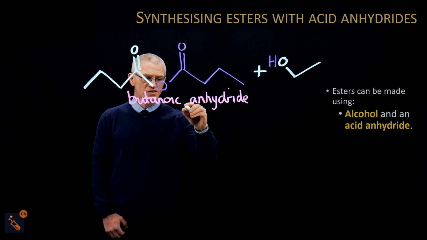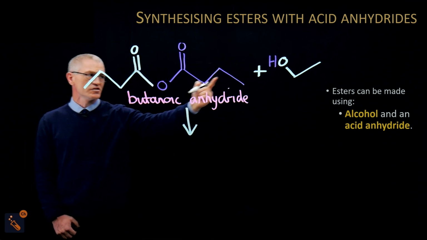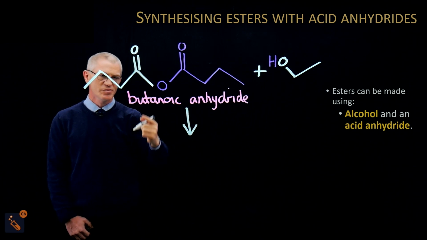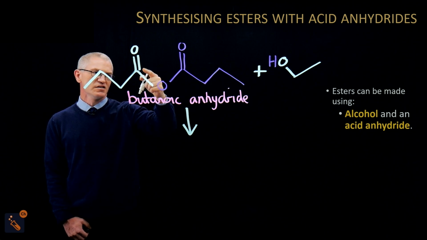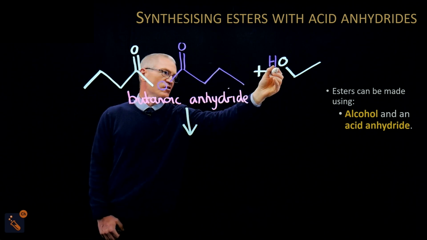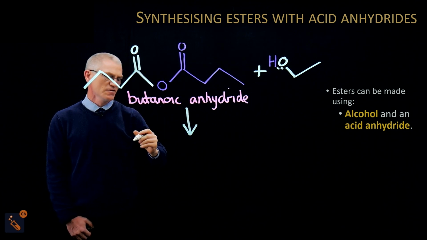And then what we'll do is we will make our product. So that O is going to come into here. Remember we said before in the previous slide that this is delta plus. So that lone pair of electrons from the oxygen will come in and bond into there.